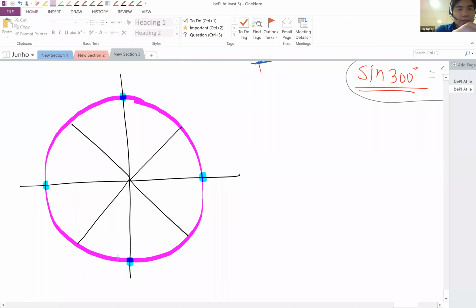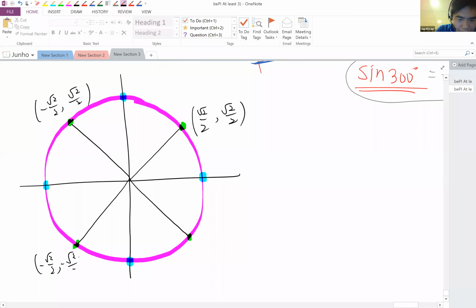We only care about these points on the 45, 45, 90, because 45, 45, 90 means an isosceles triangle. So the values are the same, the x and y are the same value. So this becomes root 2 over 2, root 2 over 2, and negative root 2 over 2, root 2 over 2, and negative root 2 over 2, negative root 2 over 2. This becomes root 2 over 2, and then negative root 2 over 2, like that.